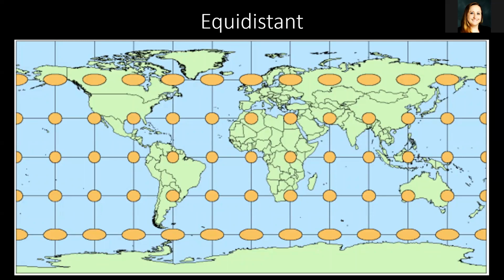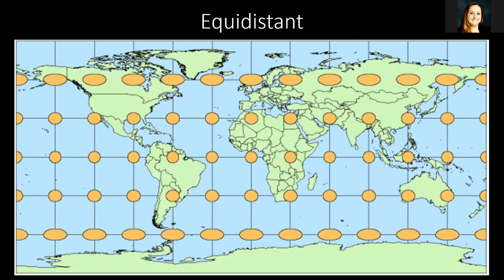Equidistant map projections maintain distance between 2 points. However, one point in that 2-point coordinate pair needs to be a point that was touching the globe when it was projected. All other combinations of coordinate pairs are not going to be accurate in terms of distance. Equidistant maps cannot be conformal or equal area, but instead they are a combination of both.